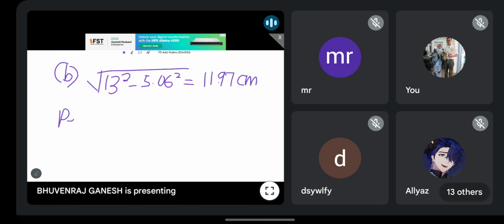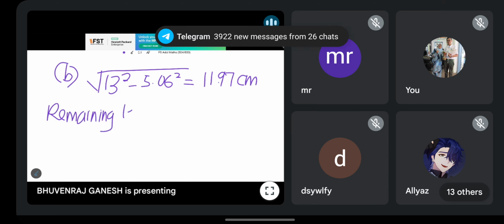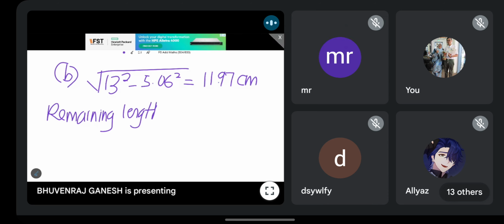Okay, so now kita jawab soalan lah. Kena cari baki, remaining length. Baki panjang, so you take 13 cm radius minus Pythagoras theorem. So you will get 1.026 cm.